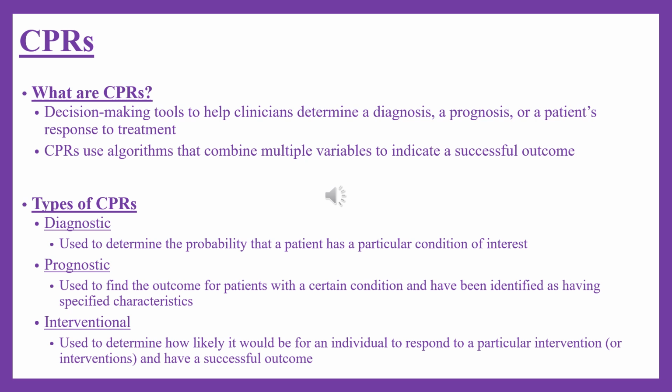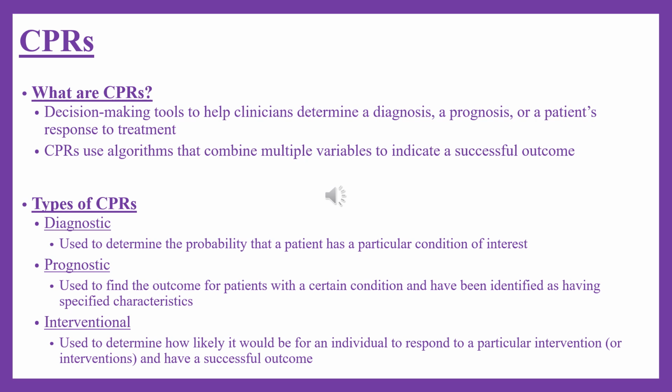Prognostic CPRs determine what the outcome is for patients with a certain condition who have specified characteristics. So how likely is the patient with characteristics X, Y, and Z to reach full recovery from their condition? Essentially, these help us determine how well the patient will do after sustaining a specific condition or injury.